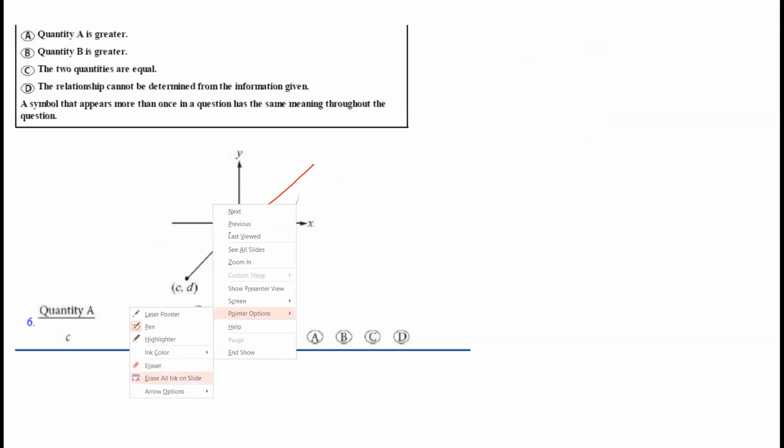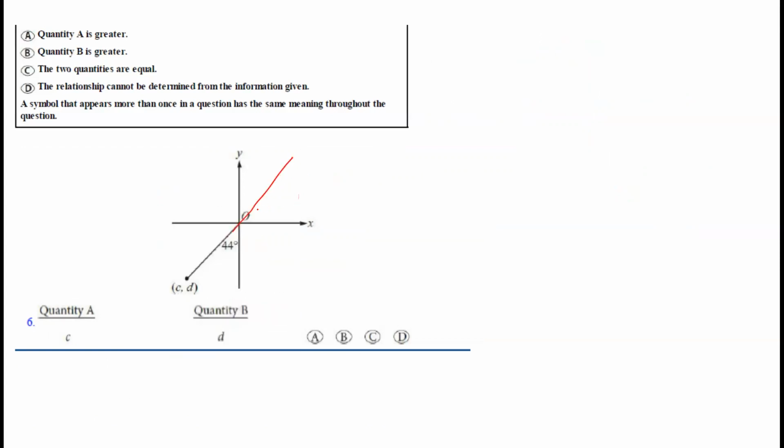Now we have this diagram over here. So if we just extend this, if this is 44, then this angle would be 46. Now if we have a 45-degree line, if this is 5, then y is also 5. So this is 5 and 5.